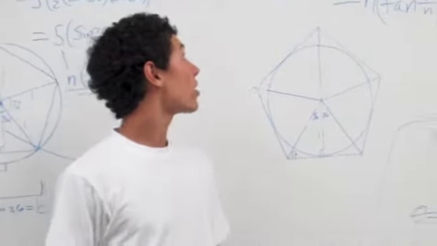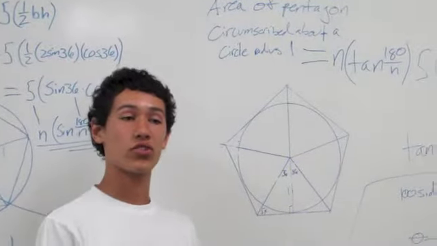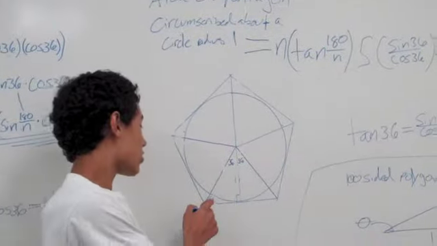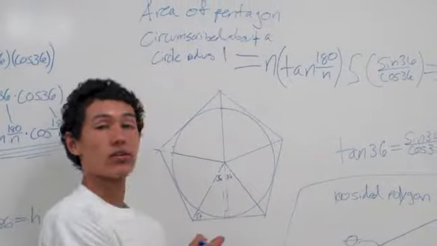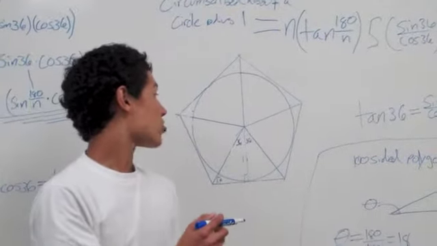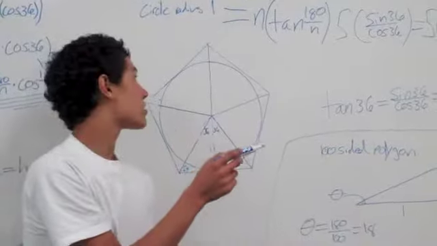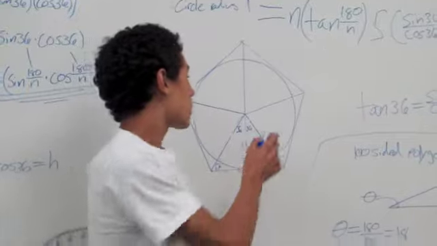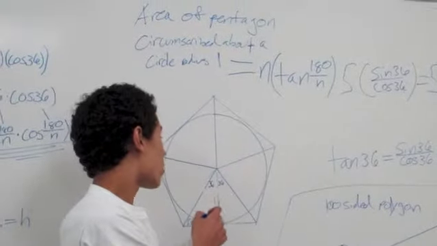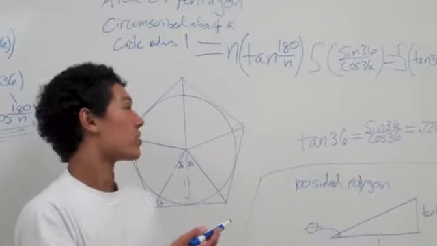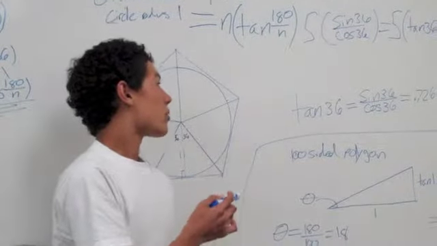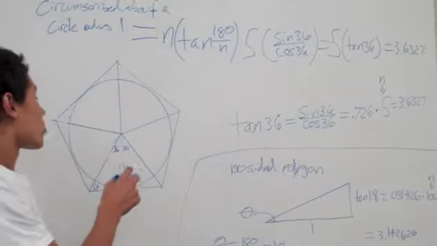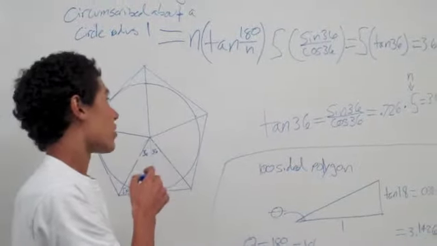Okay, now to find the area of the pentagon circumscribed about the circle radius 1, we again find the area of one of the 5 triangles, but this time it's a larger triangle because instead of being inside the circle, it's circumscribed about it. And to do that, we take sine 36 over cosine 36, which equals tangent 36, and then multiply that by 5, and that gets us the area of the pentagon circumscribed about the circle radius 1.